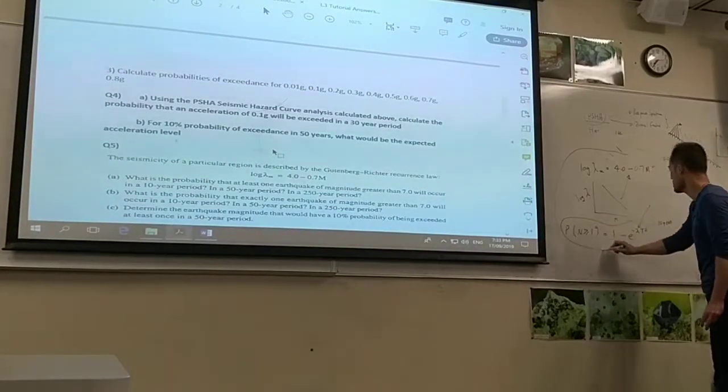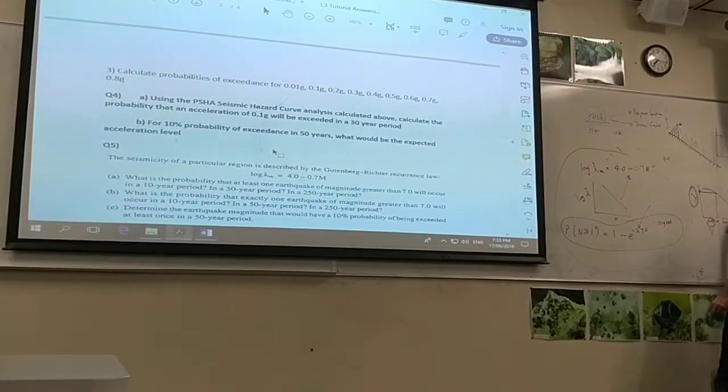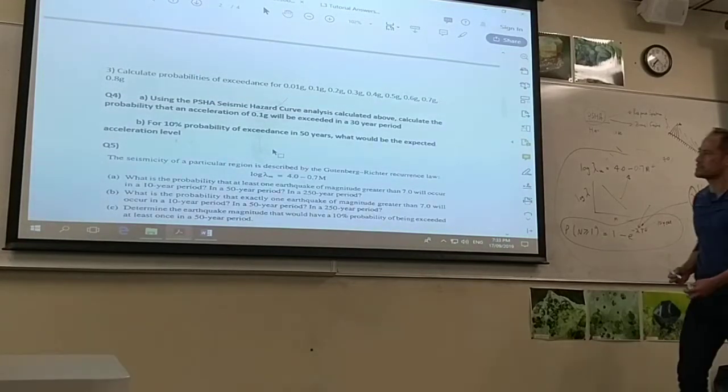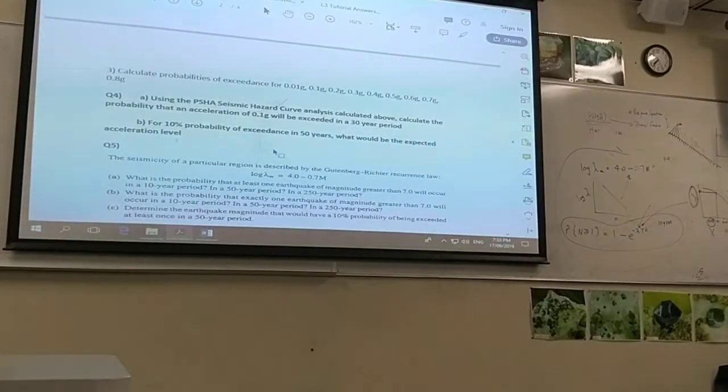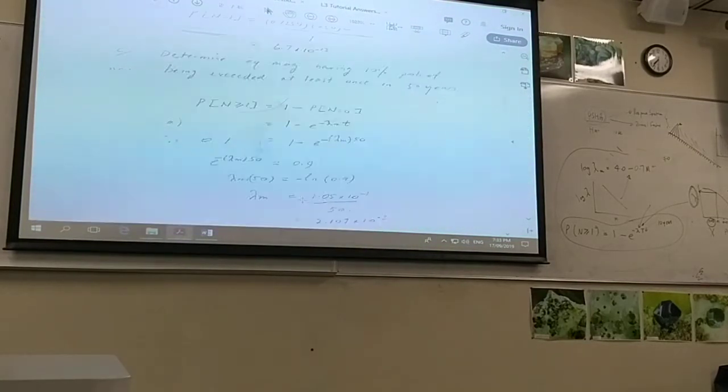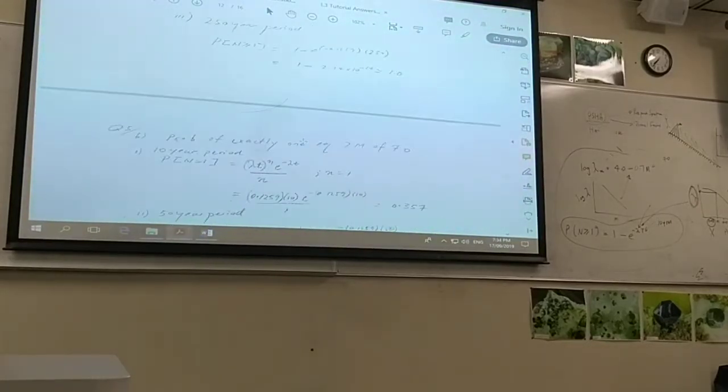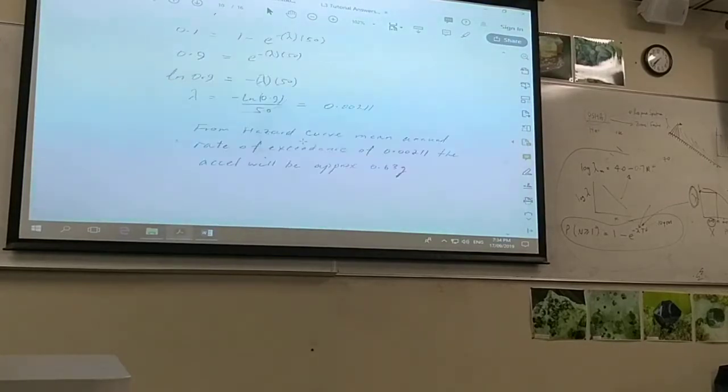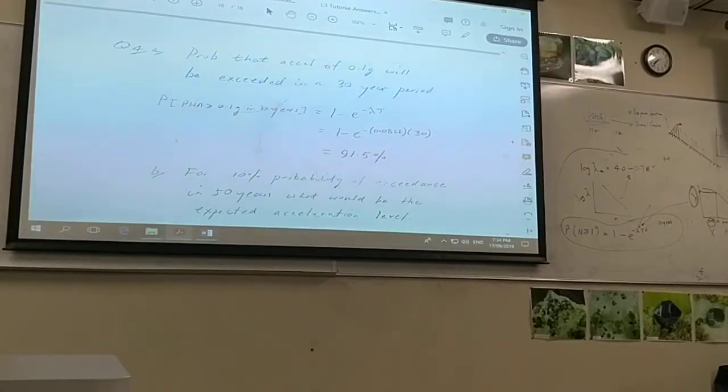So we would use this equation, get our annual rate of exceedance from the seismic hazard curve, put it in here, and come up with the answer. So again, it's the same use of the equation, except it's using a different curve. So you get this value from our seismic hazard curve, and we can answer the question.